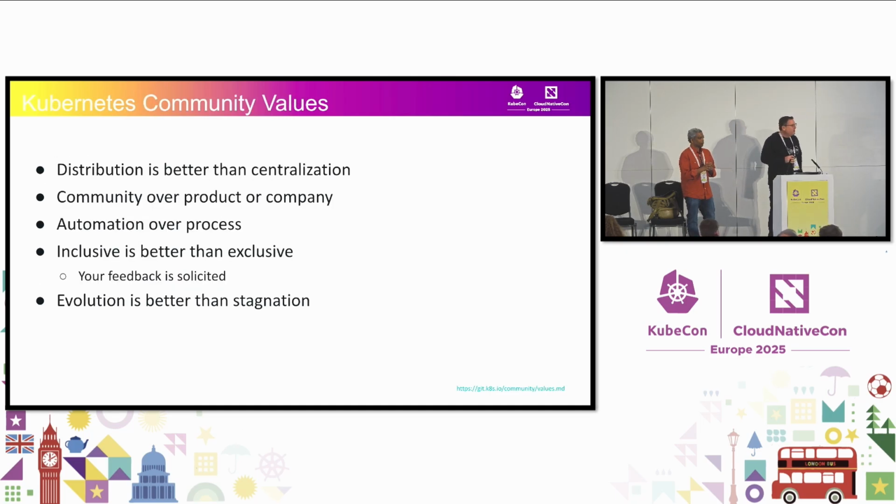There's also a set of community values that we adhere to, and that goes into not only how we treat each other, which is obviously very important, but also how we structure the project. It's a little funny to talk about that in the architecture, because we're talking about the organizational structure of the project, but for those of you who have been around software engineering for a long time, there's a close relationship between the architecture of your organization and the architecture of the software you produce.